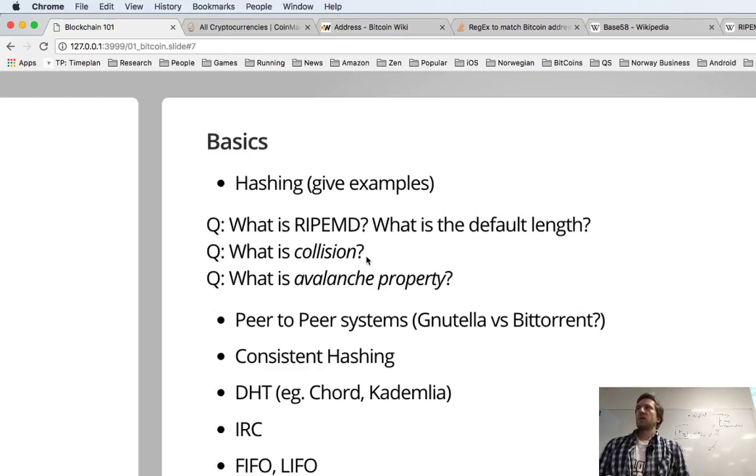So is it possible for, let's say, 160 bits to hash uniquely any possible messages? Clearly no, right?